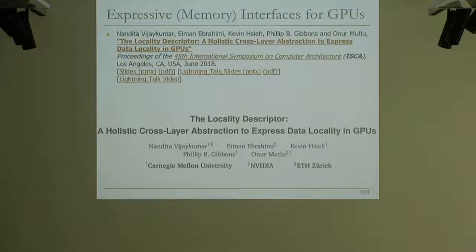Basically, the programmer expresses different types of data locality in GPUs, whether it's cache locality, inter-thread locality or intra-thread locality. That information gets communicated to the lower layers in the GPUs, and the GPU makes memory allocation decisions using this information.